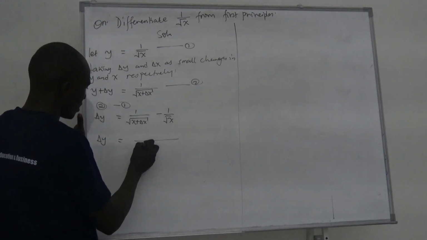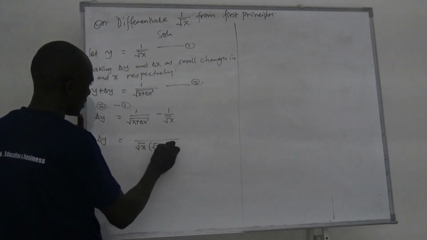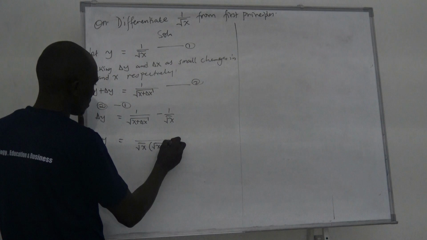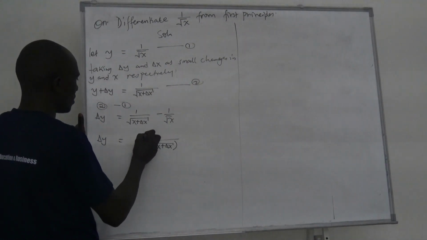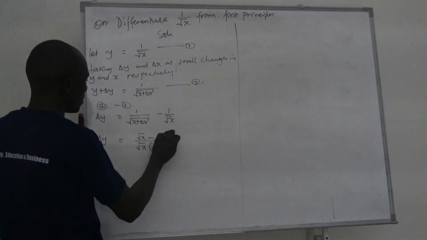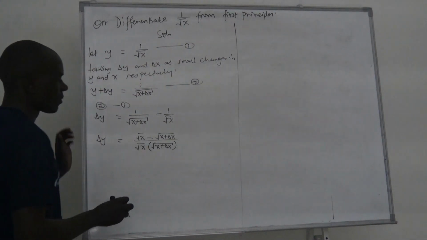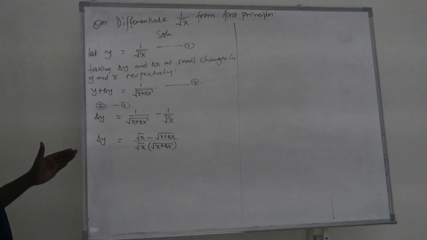It is root x times root of x plus delta x. This one, multiplied by that, you get root x minus this one, multiplied by that, you get root of x plus delta x. So I think you have seen how the step is now moving on.